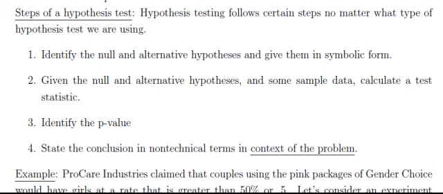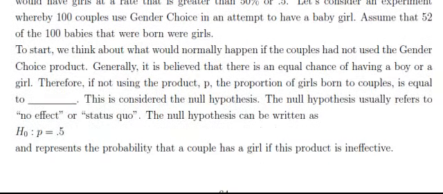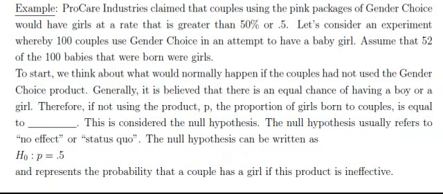And we're going to use this pretty simple example right here. The book uses this example a lot. It's, although not maybe ethical, a pretty simple example to understand. So we have some kind of company that claimed that couples using the pink packages of gender choice would have girls at a rate that is greater than 50%. And so the idea here is that their company wants to provide at least some evidence that this product works so that people would buy it.